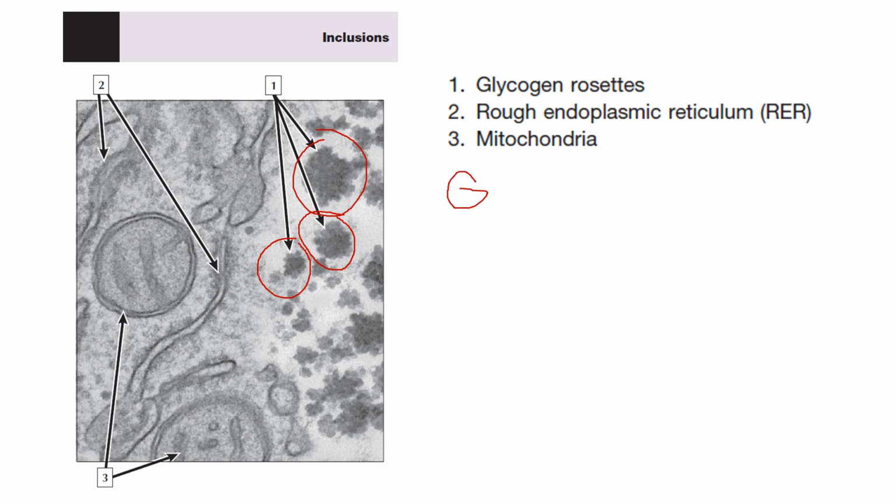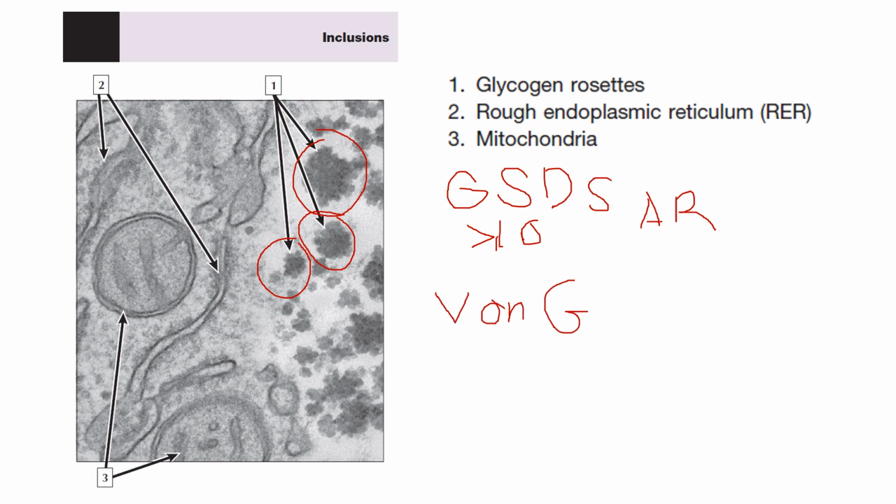Glycogen storage diseases, or GSDs, are a group of more than 10 inherited inborn errors of metabolism. They affect the synthesis or breakdown of glycogen. These are autosomal recessive disorders, typically occurring in infancy or childhood. As an example, von Gierke's disease, or type 1 GSD, is a deficiency of the enzyme glucose-6-phosphatase.